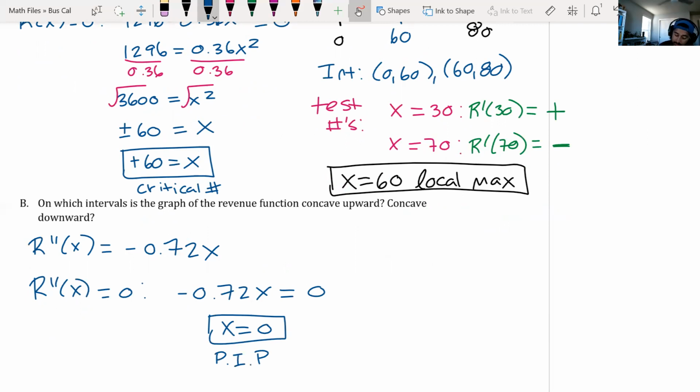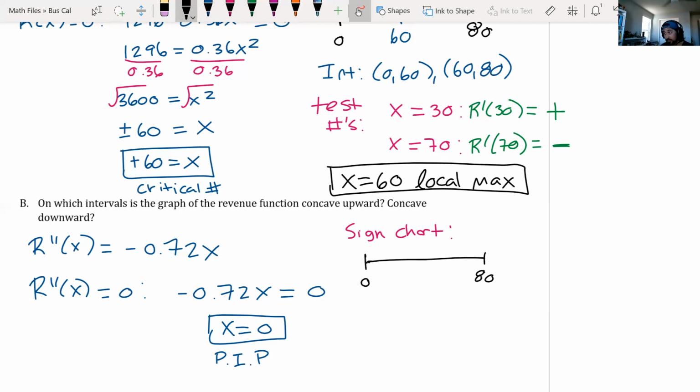Okay. Next is the sign chart. But again, what restrictions are we stuck on? We're still stuck on the interval of 0 to 80.